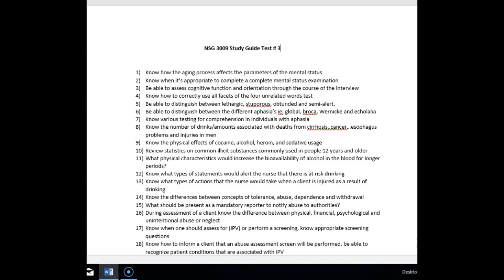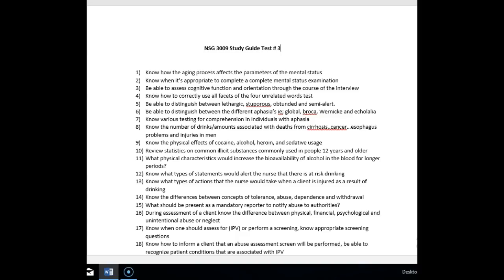And a lot of times, family members let you know about a person's behavioral changes. For instance, they may have memory loss or inappropriate social interaction, or after a trauma, such as a head injury. That's when it's appropriate to complete a complete mental status examination, not just a test.